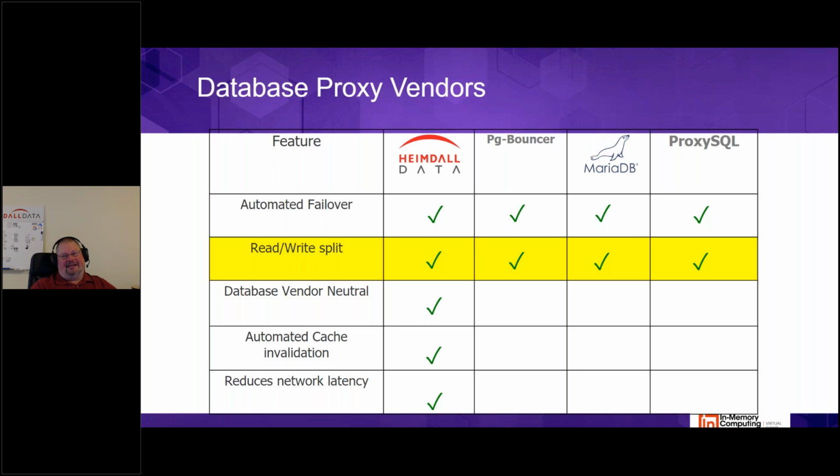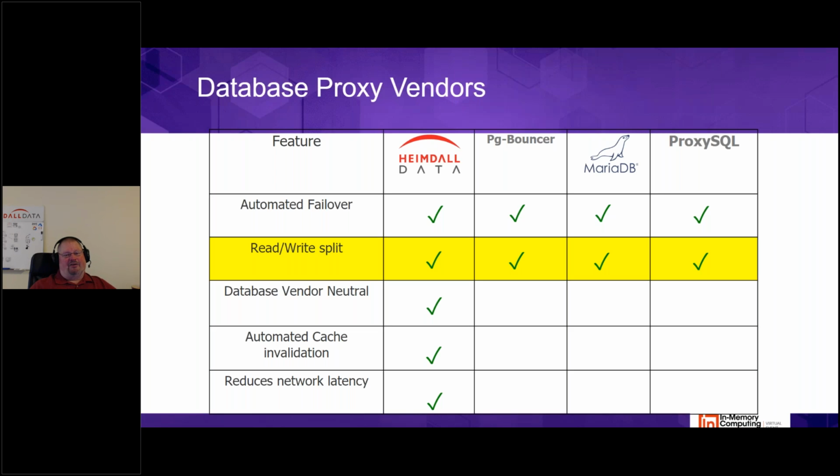Read-write split, these other products claim to support it, but they don't do the replication lag detection. So they do a very naive approach: you create a rule, and it tries to use the reader. ProxySQL does some very primitive replication lag detection, but if the lag is too much, it just turns off a reader.